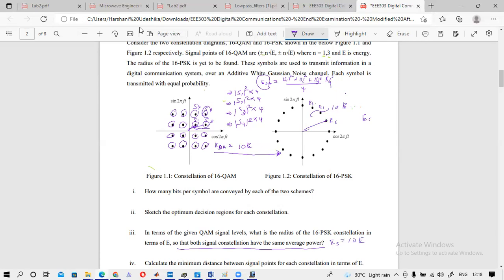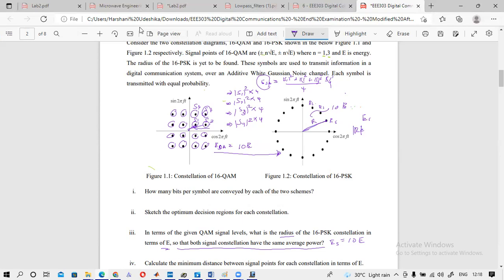Correct? Okay, so now we have to find the radius in terms of E. The radius is proportional, or equal, to the amplitude.